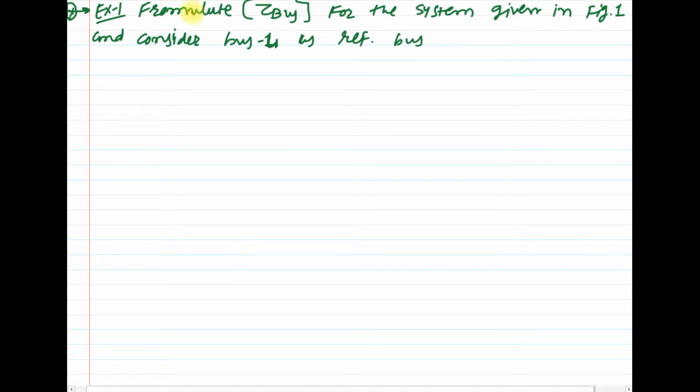So just let us draw the system which is given to us for the formulation of bus impedance matrix. So there is a connection between one. Let's just write down the bus number 4, bus number 3, 2 and 1.